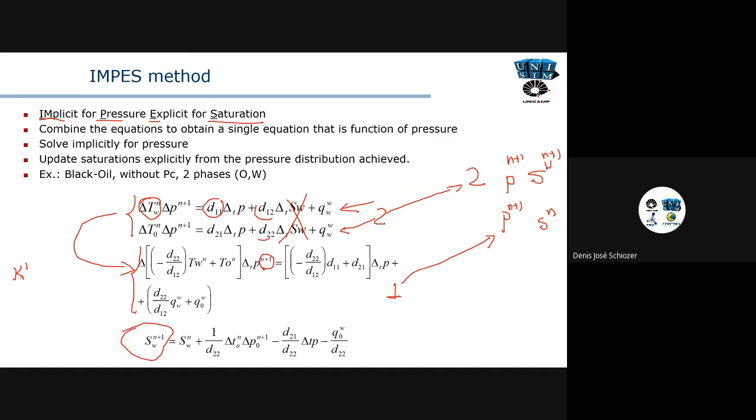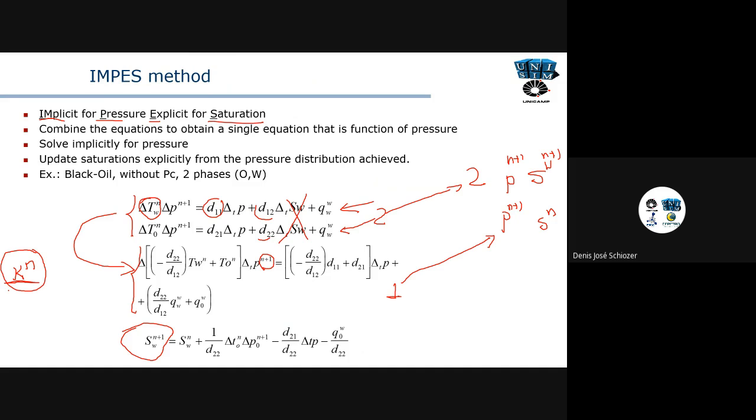And the relative permeability is a function of saturations. So I have to treat, for example, relative permeability as a constant from the beginning of the time step. So the quality of the solution will not be as good as the quality of the fully implicit solution.